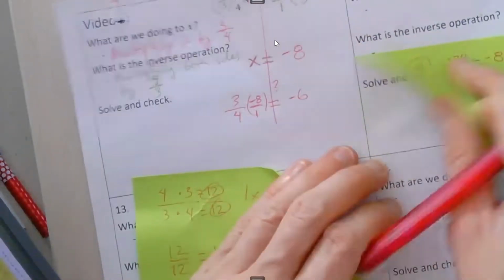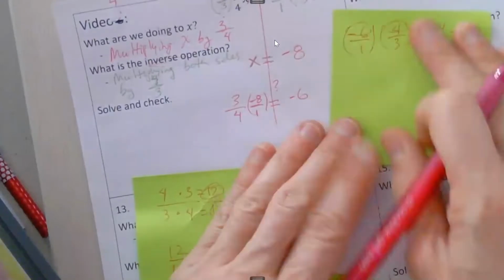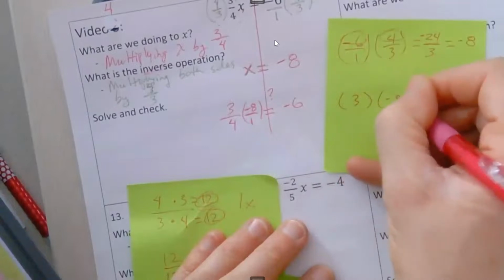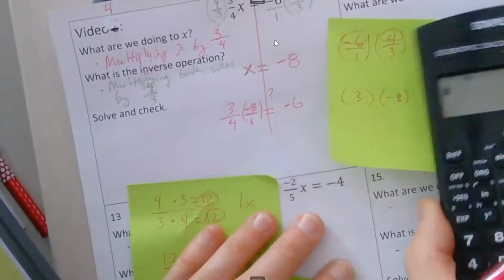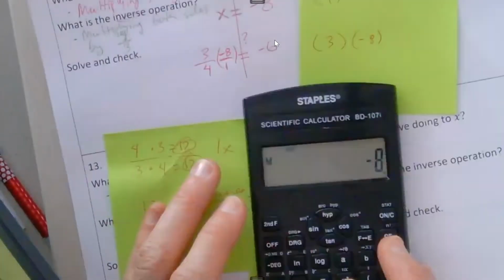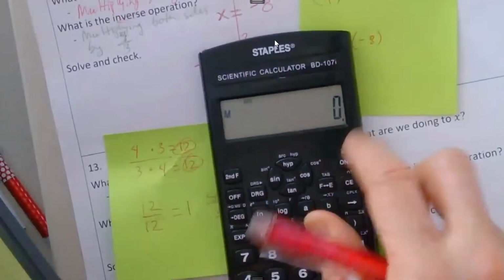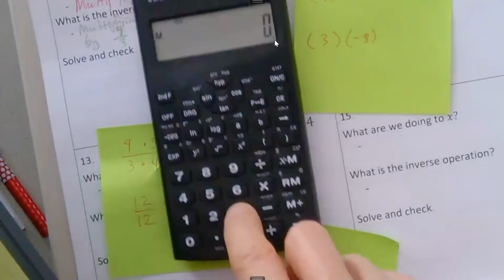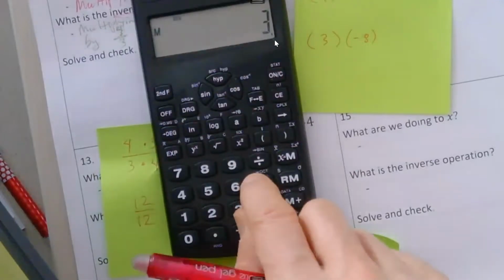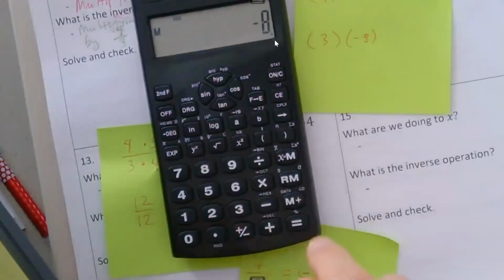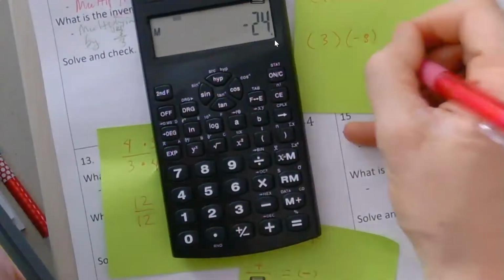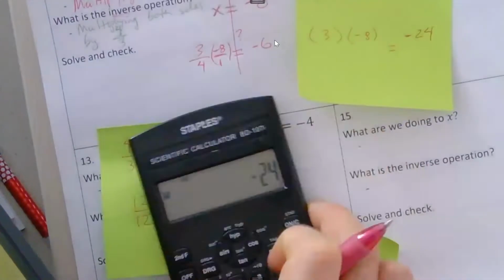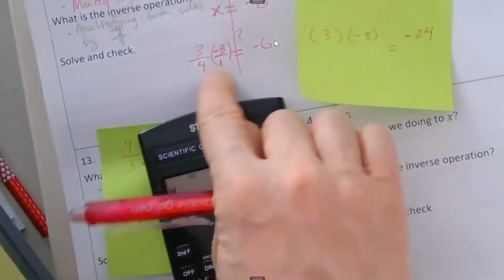And again, we're going to need to multiply these fractions. So we'll have 3 times -8 in the numerator. Three times -8. -24 in the numerator.